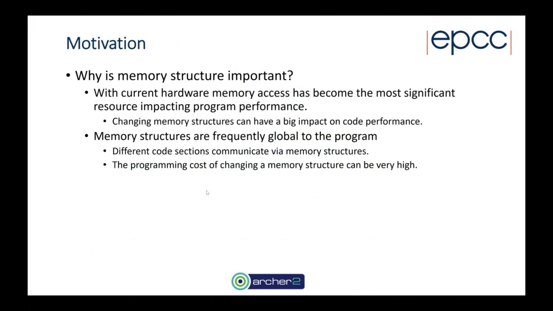And as has already been said yesterday, and you're probably already aware of, one of the dominant issues in high performance application performance these days is that memory is much slower than processing. So fetching data in from memory is expensive in terms of processing time.